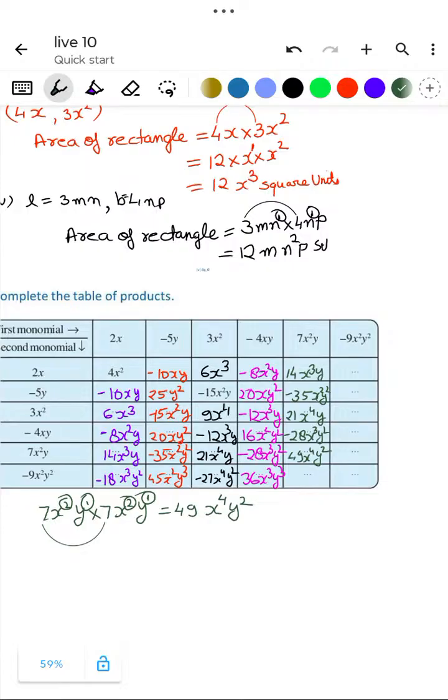And the last in this column is 7x square y times negative 9x square y square.